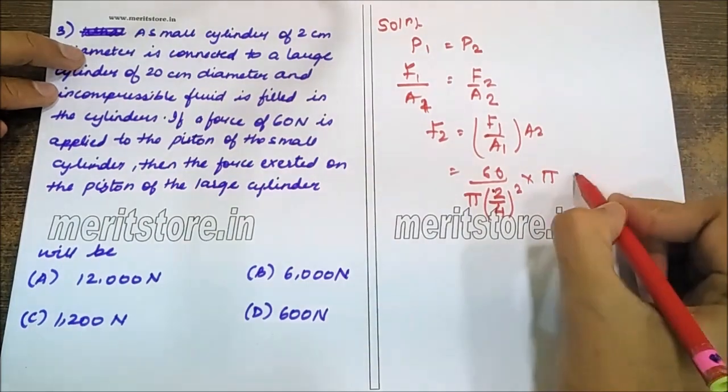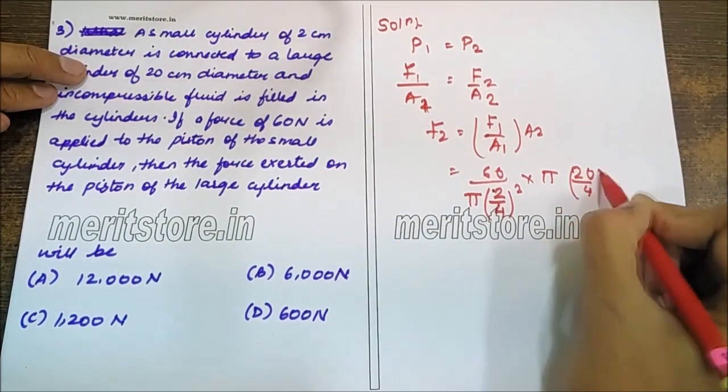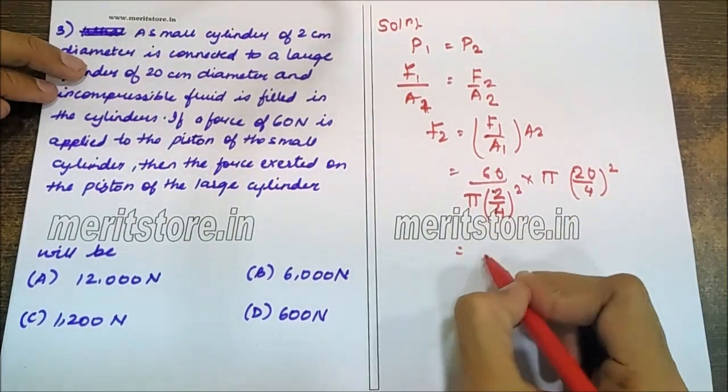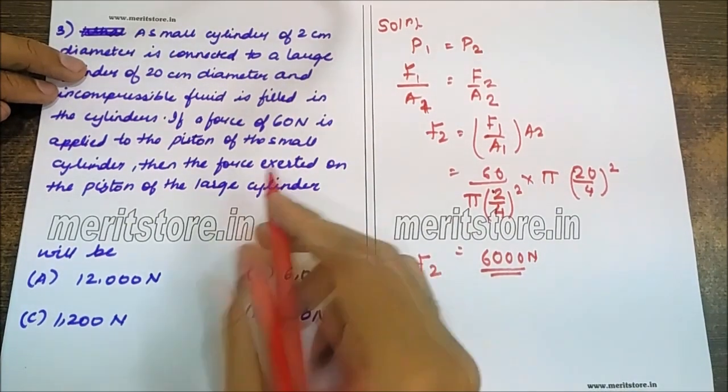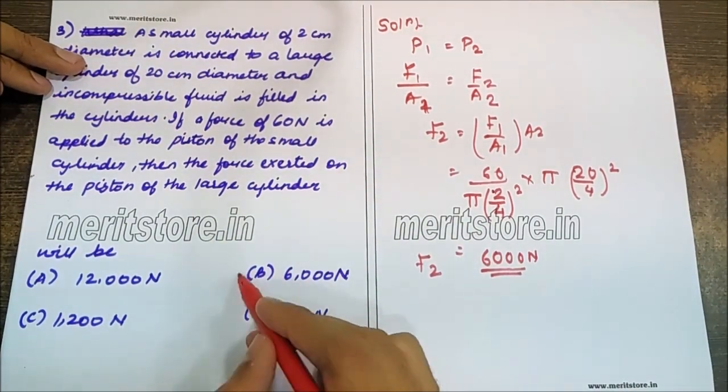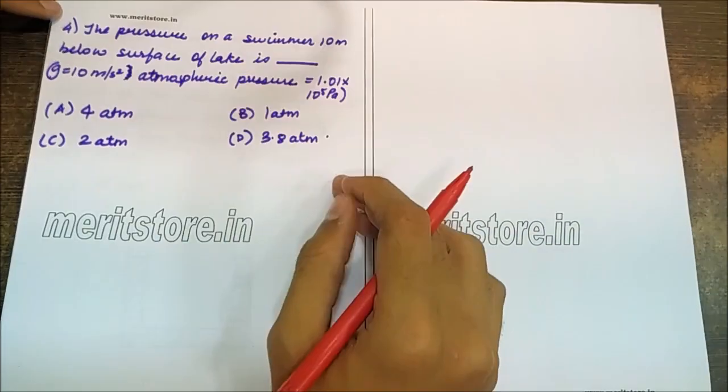For the second area we have 20 by 2 square. The answer comes out to be 6000 newtons, the force on the second cylinder. So option B is the correct option.